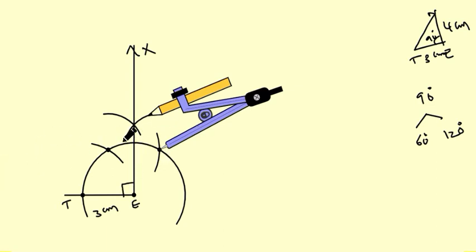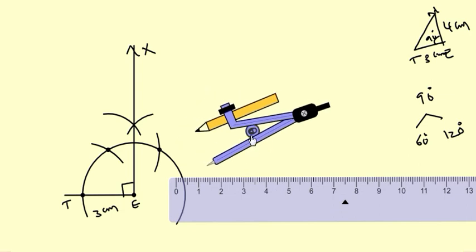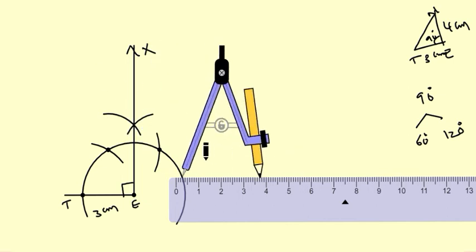Now we are going to locate the point N on this ray EX. For that, take the compass radius as 4 centimeter with the help of a ruler.